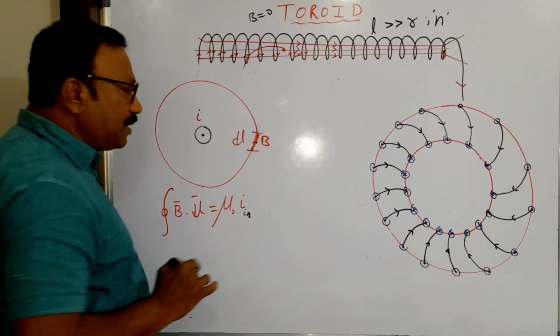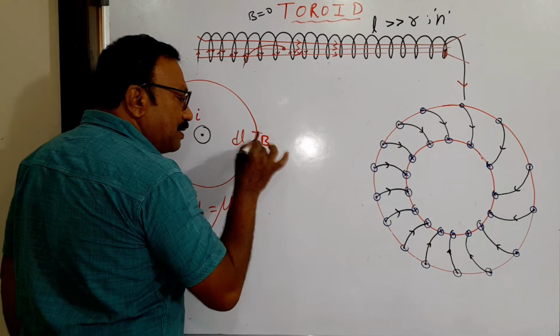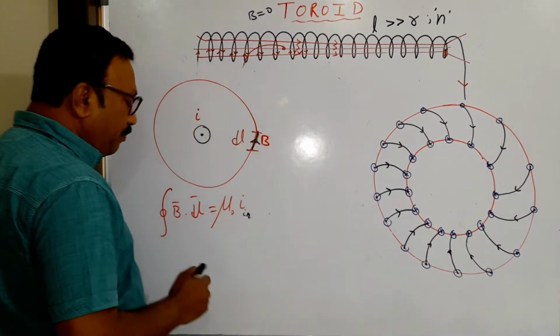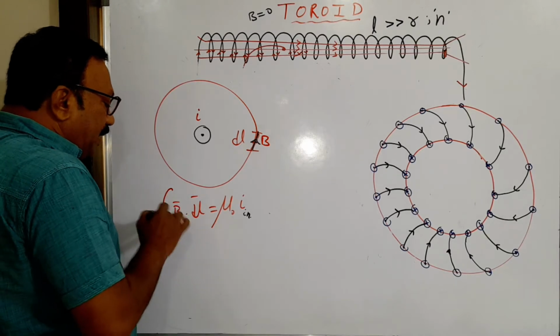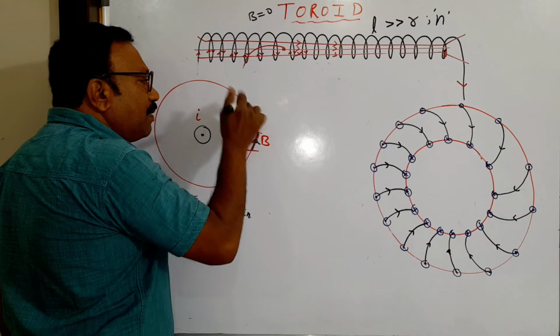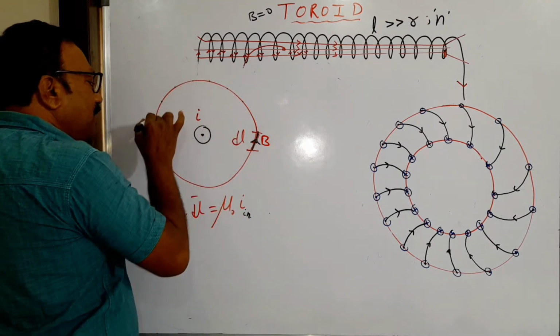This loop is called Ampere's loop. Then I have taken an elemental length dl here, with its direction tangential to the loop. Always it will be taken tangential to the loop. So this integral of B dot dl means you take many such elements, B and dl, B dot dl, and add them all around the loop.